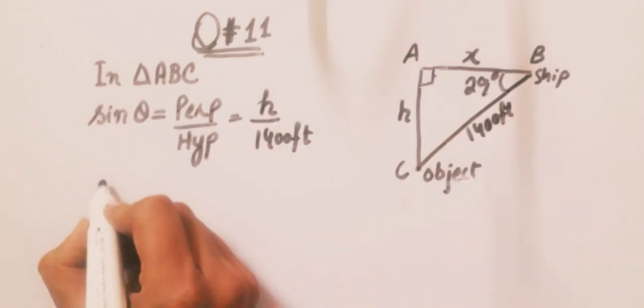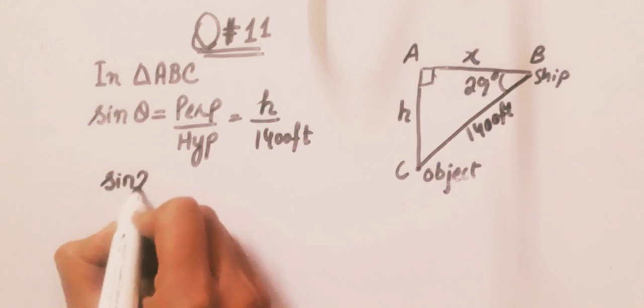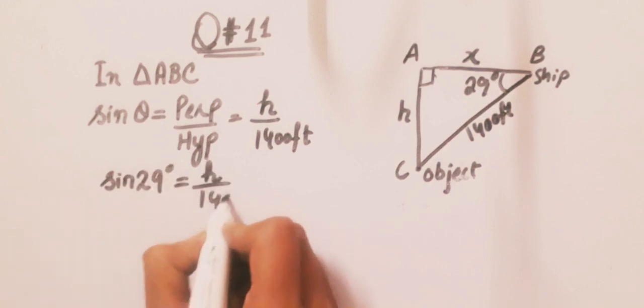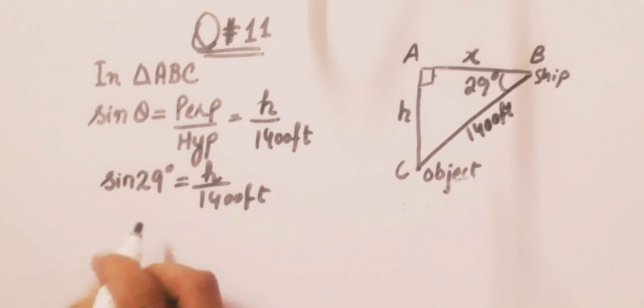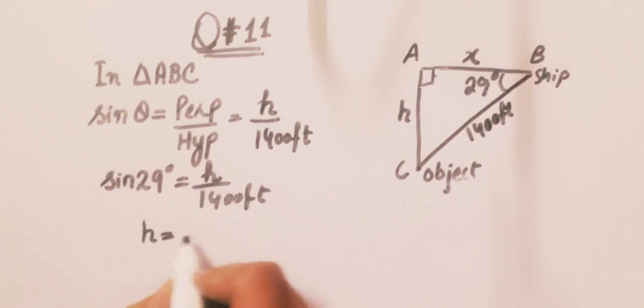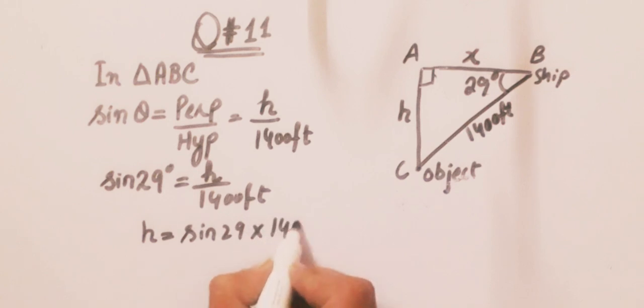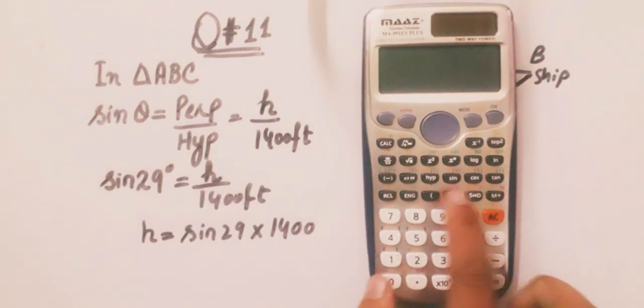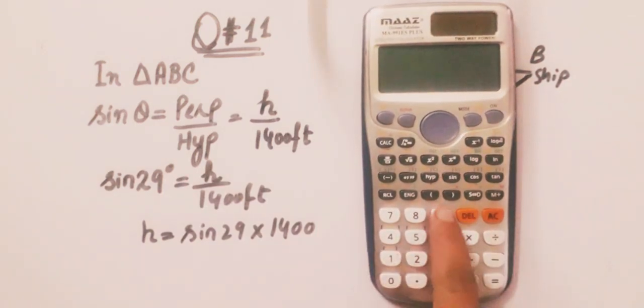So sine 29 is equal to h by 1400 feet. So h is equal to sine 29 multiply by 1400. With the help of a calculator you will solve this.